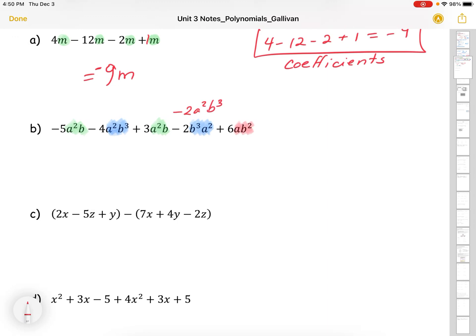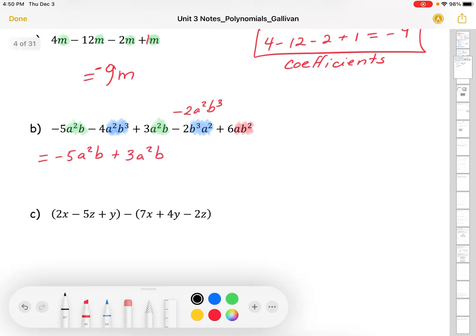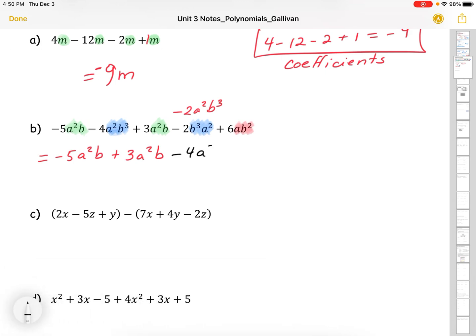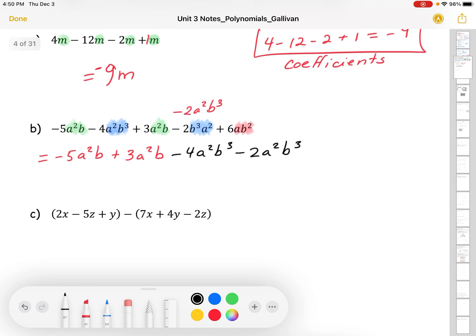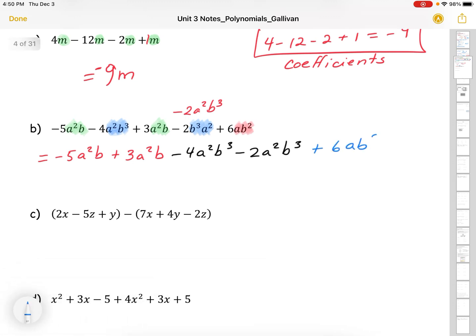So let's take a look. Sometimes it's good to put them together. So minus 5a squared b and plus 3a squared b would be the first 2 there. Then I have -4a squared b cubed, and I'm going to use the rearranged version here, a squared b cubed minus 2. And then my last one, plus 6ab squared.